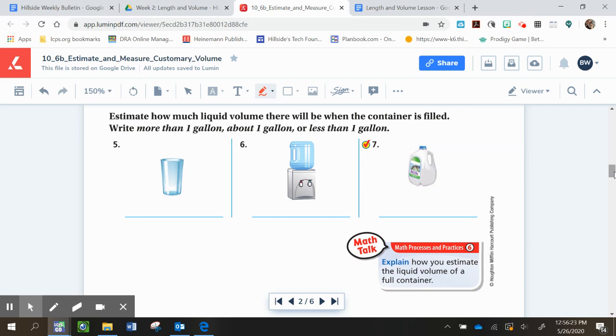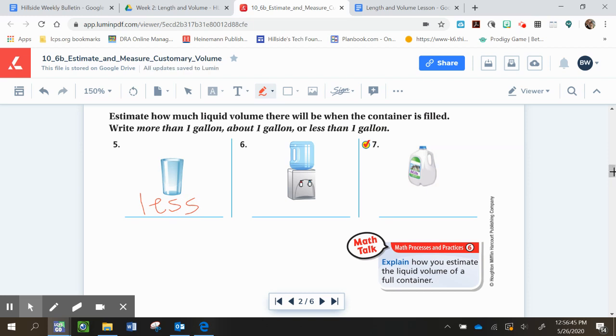Now we're going to estimate how much liquid volume there will be when the container is filled. So if all of these containers were filled, we're going to write more than 1 gallon, about a gallon, or less than a gallon, okay? And so with the cup, we're definitely less than a gallon, okay?